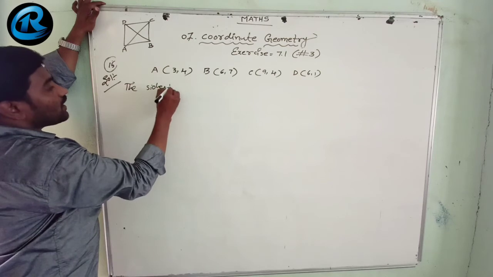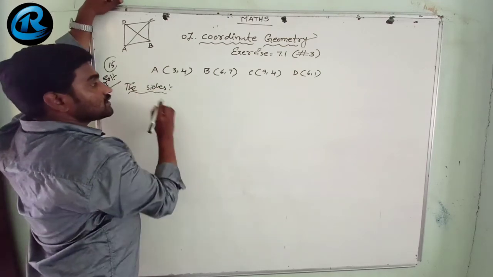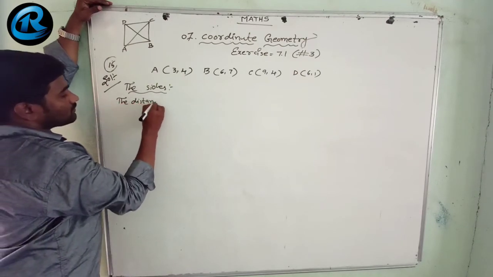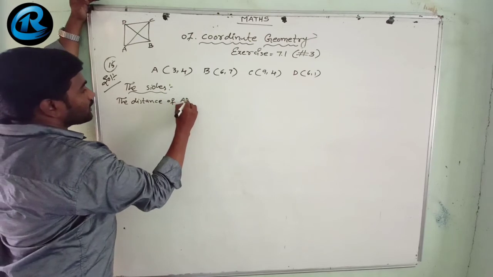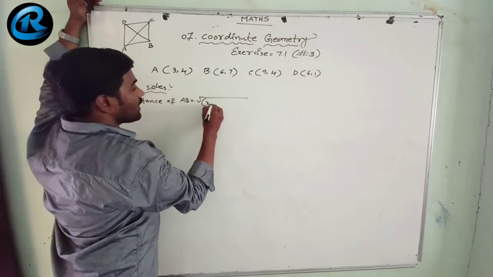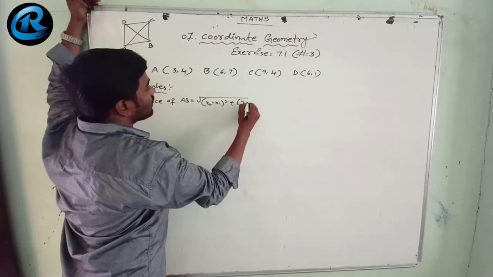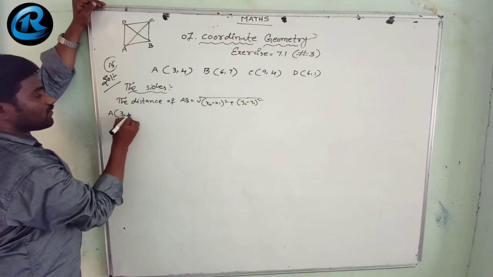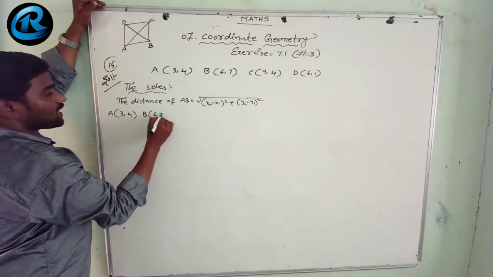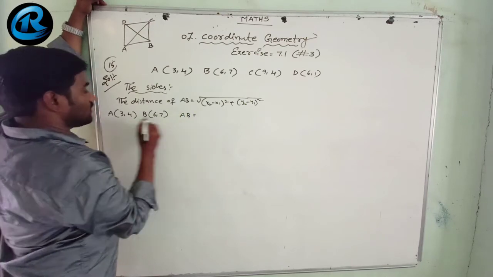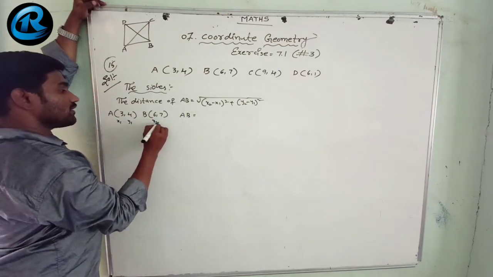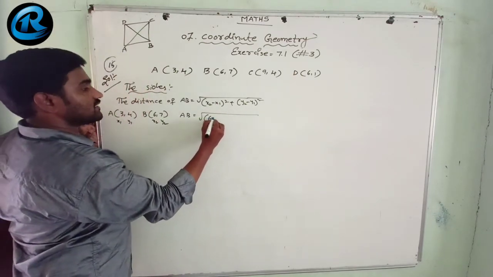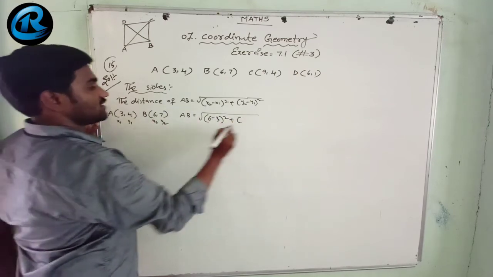Already we have solved many problems on this. So the distance AB equals under root of (x2 minus x1) whole square plus (y2 minus y1) whole square. Point A is 3 comma 4, point B is 6 comma 7. AB equals under root of (6 minus 3) whole square plus (7 minus 4) whole square.